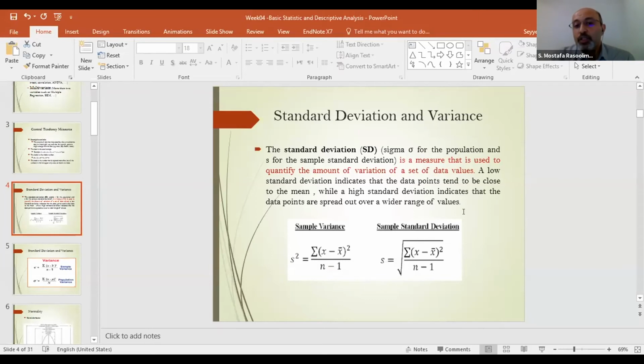Standard deviation is shown by sigma for a population or S for a sample, and is a measure that shows the variation of a data set. How does our data vary from one case to another? What are the varied responses, the varied values for this variable?